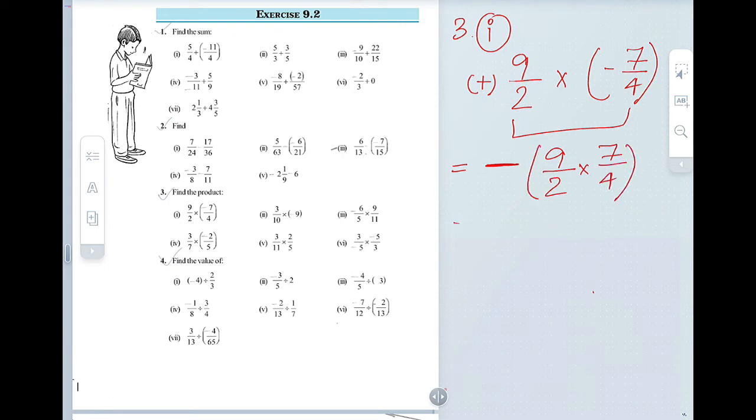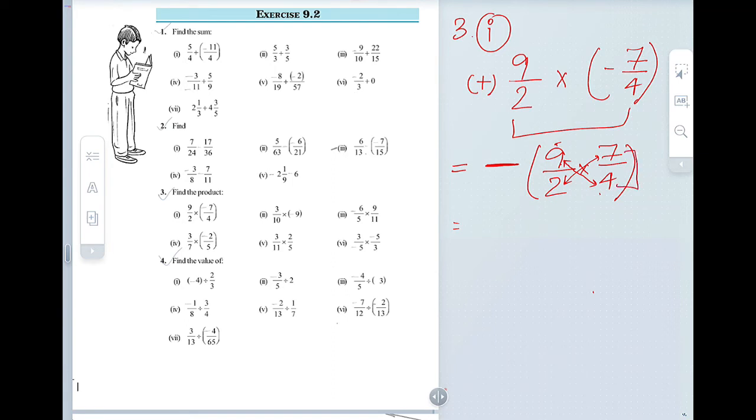Okay. It will be better if you just check whether any cross same factors are there or not. Means for 9 and 4, if you are getting any common factor, then these two will be reduced. For 7 and 2, if you are getting any common factor, then these two numbers can also be reduced by them.